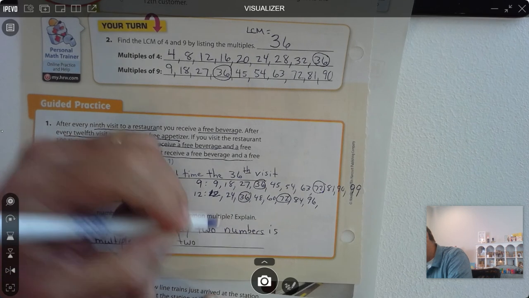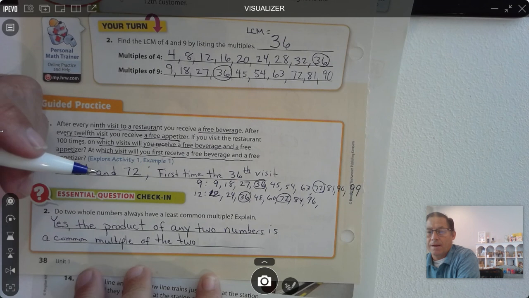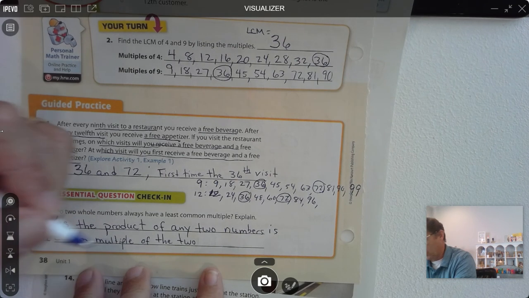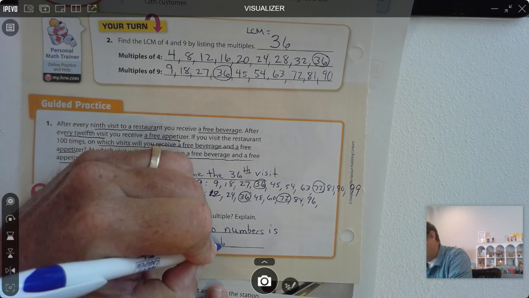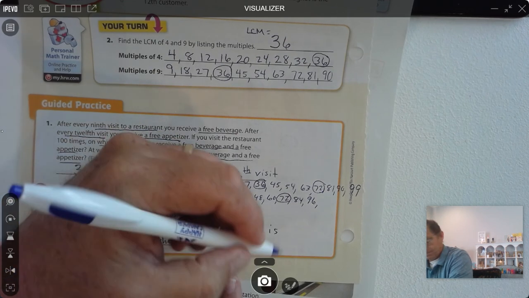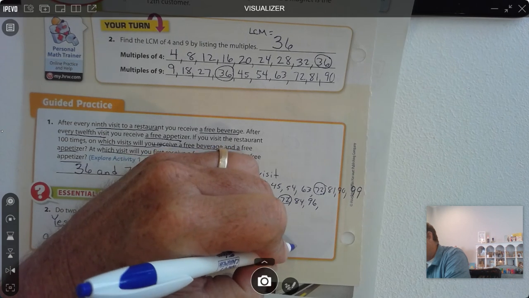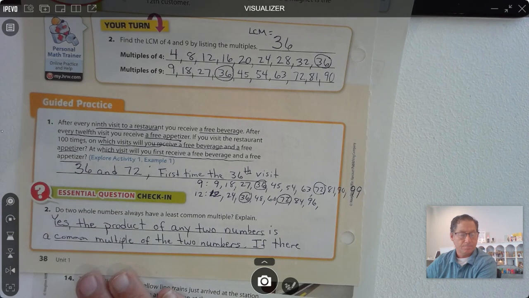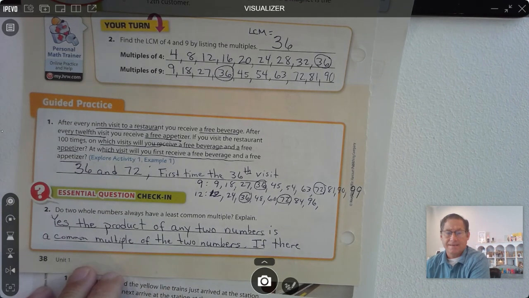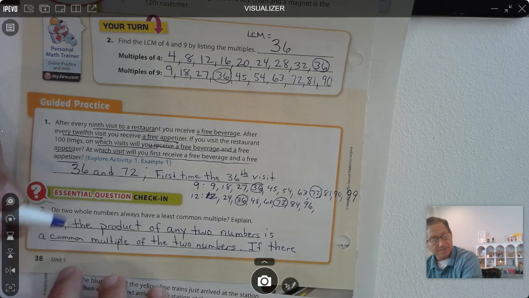If we said 3 times 9, we know that a multiple of 3 and 9 is 27. And then if there are no multiples smaller than that, then that's the least common multiple as well. Or the product is the least common multiple.